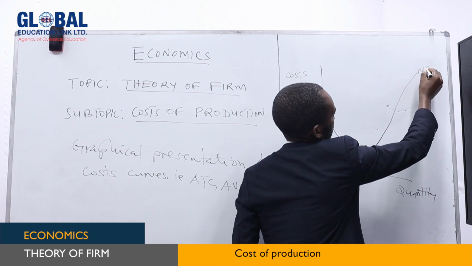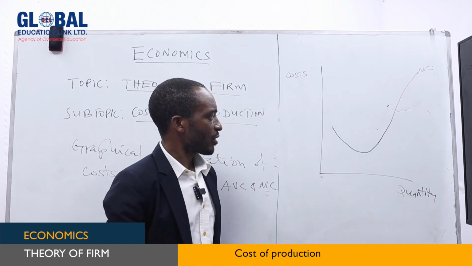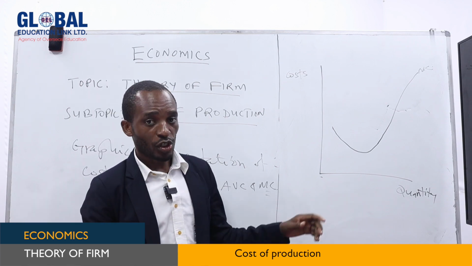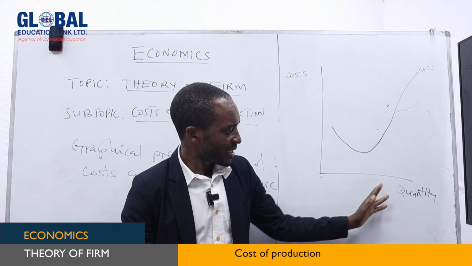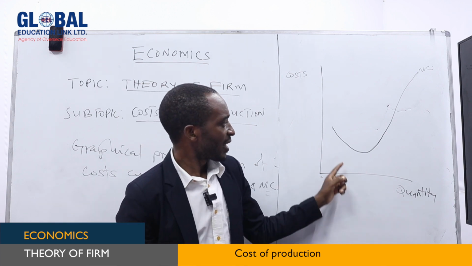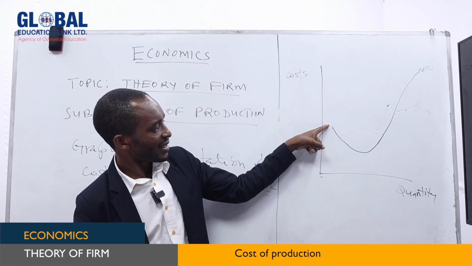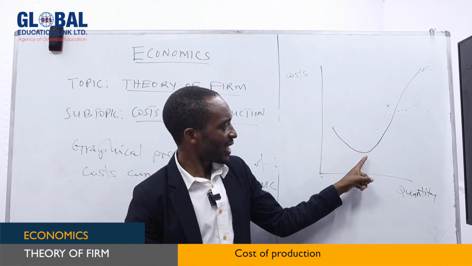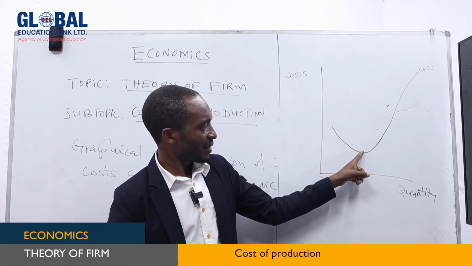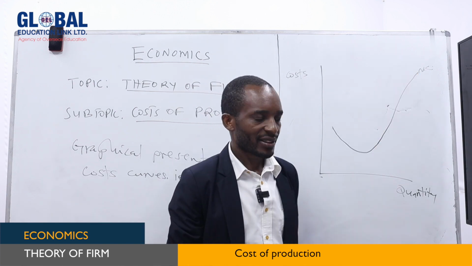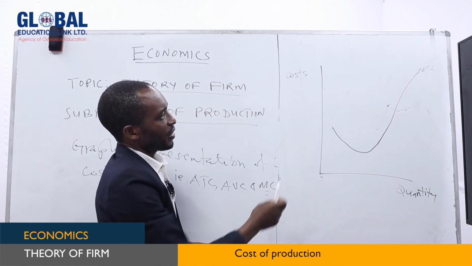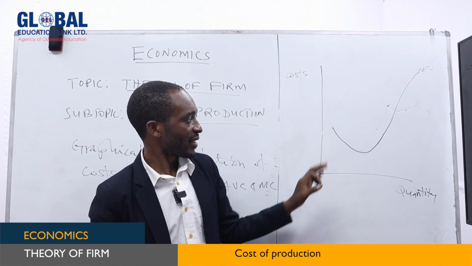So you can see here, as you increase production or output, the cost starts to decline. It will decline up to this point, then it will start to increase. So the nature of the marginal cost will look like this.